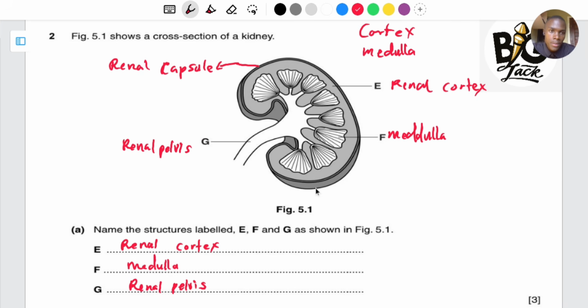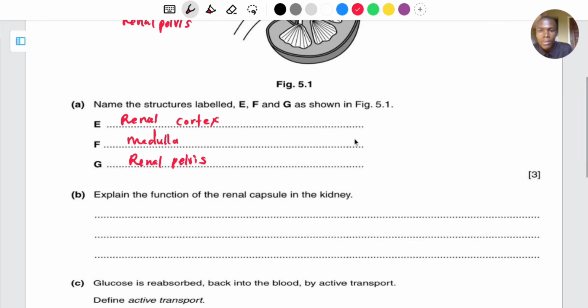Apart from that, it acts as a barrier between the outside and the inner cells of the kidney. So we can say it protects and acts as a barrier. Those are the functions of the renal capsule.